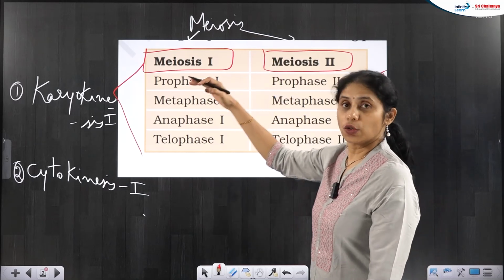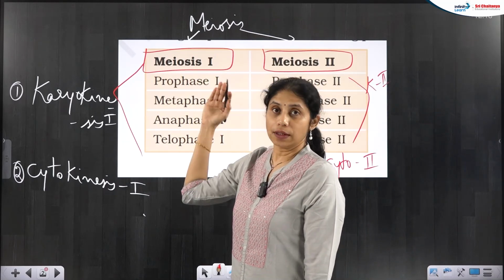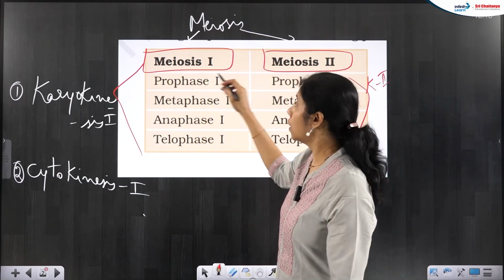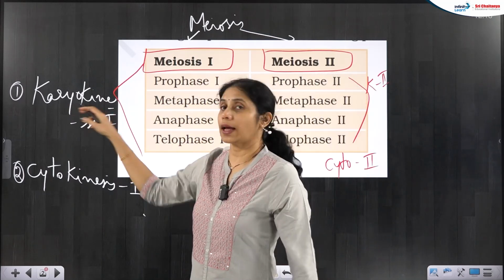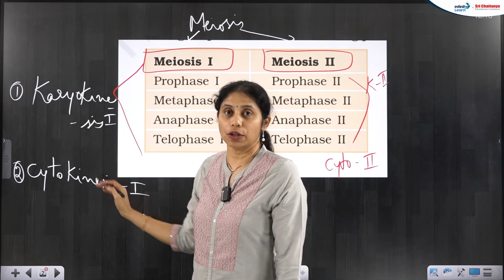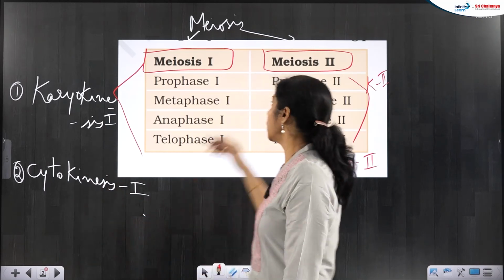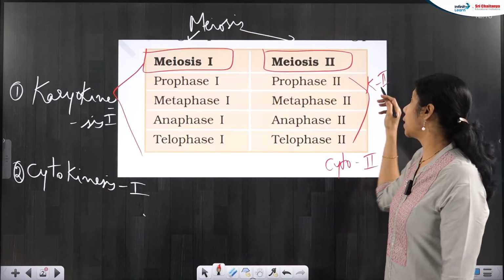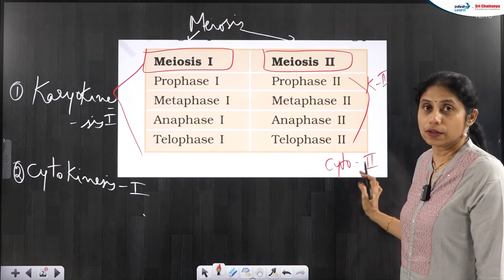So meiosis is divided into 2 phases, meiosis 1 and meiosis 2. Meiosis 1 includes one nuclear division, karyokinesis 1, followed by one cytoplasmic division, cytokinesis 1. Then meiosis 2 is subdivided into karyokinesis 2 and cytokinesis 2.